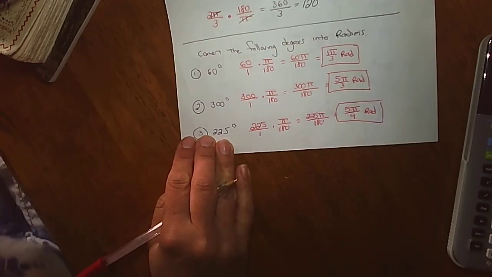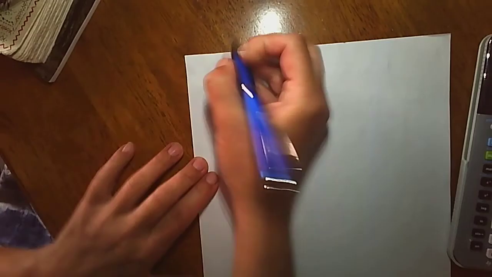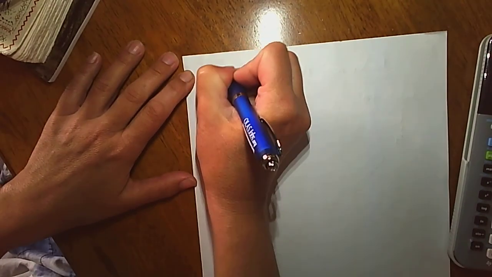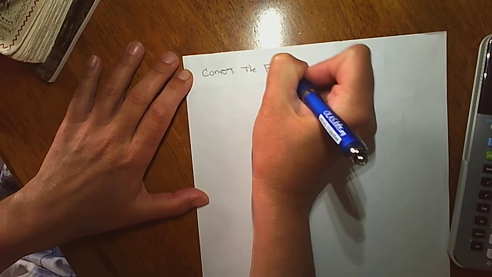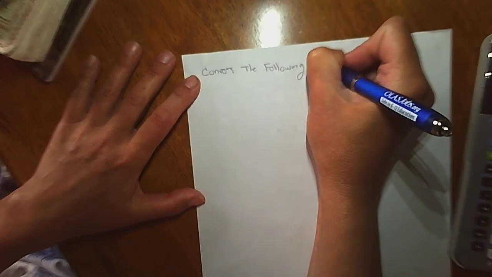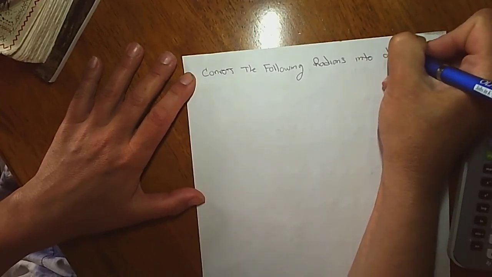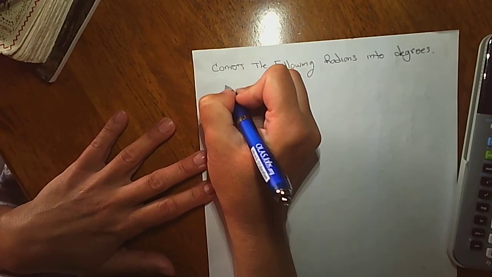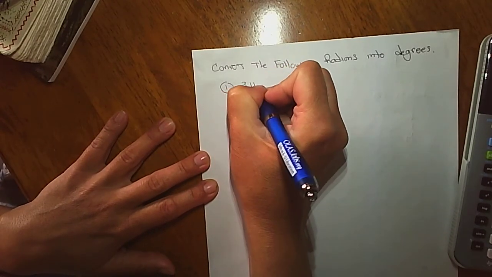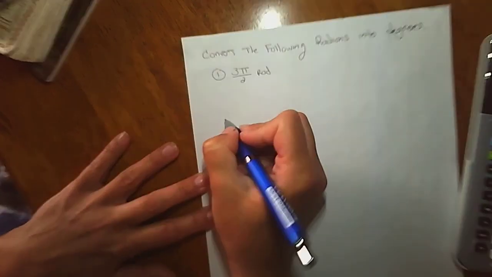Okay, now what I would like you to do is we're going to do some radians into degrees. So, let's say, convert the following radians into degrees. Okay, so let's do 3 pi over 2 rad. Okay. Number 2.